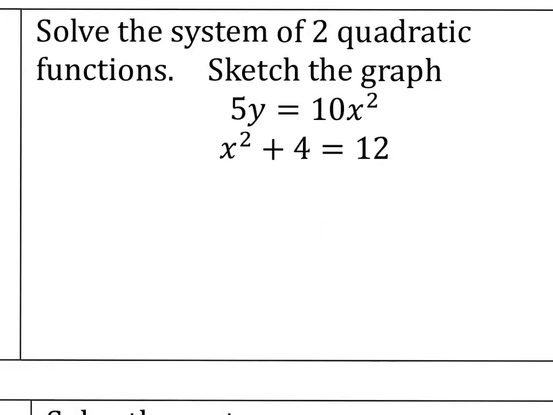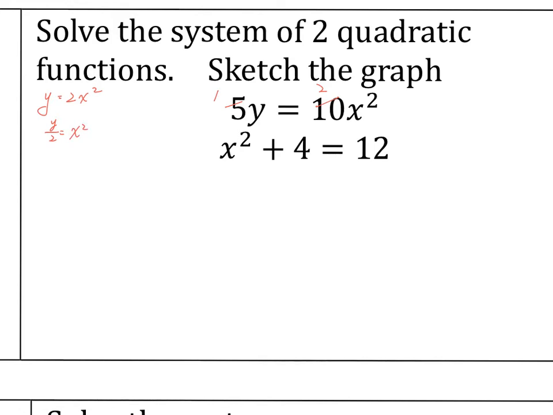Now in this case you have a system of two quadratic functions. Okay, let's first solve this. To simplify this, y equals 2x squared, and then I can say y over 2 equals x squared.